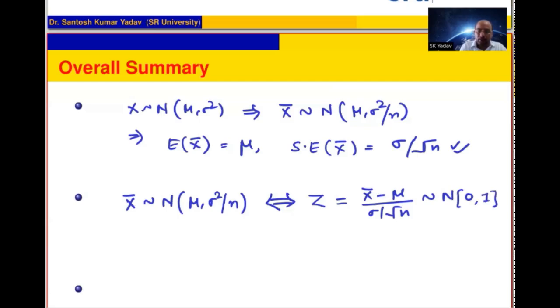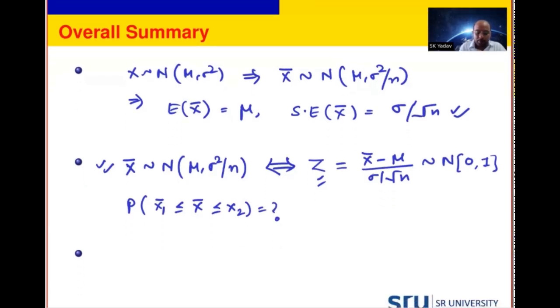Hence we can use the Z table or the normal probability curve to find the probabilities of x bar lying from a certain value x1 bar less than or equal to x bar less than or equal to x2. So it is a similar kind of problem as we have done in the normal distribution.